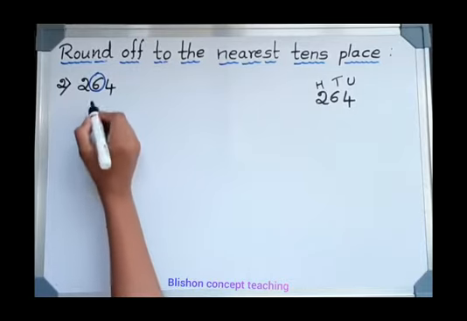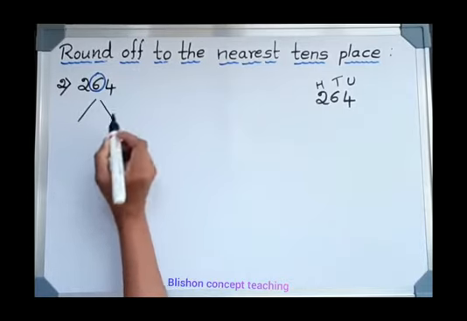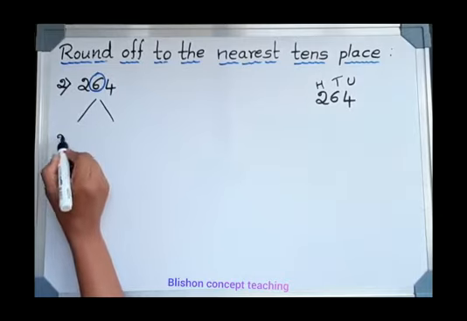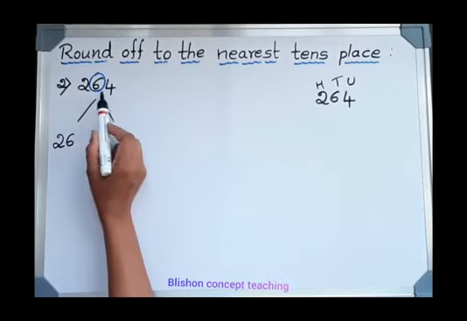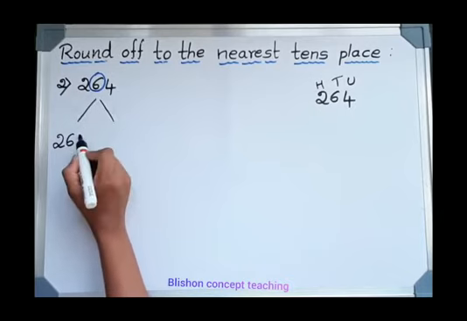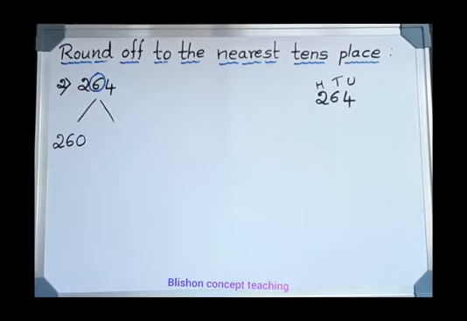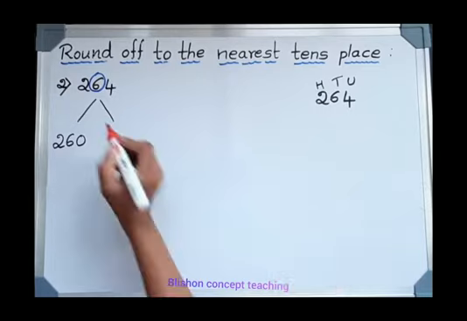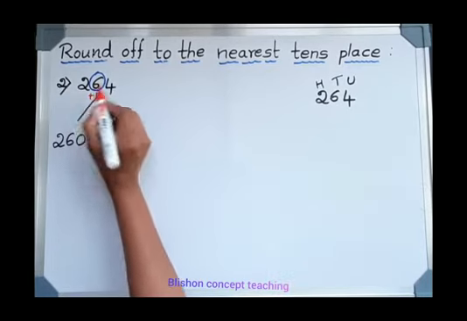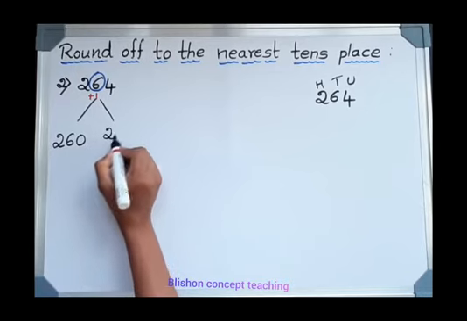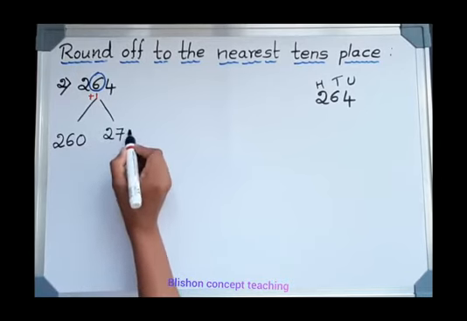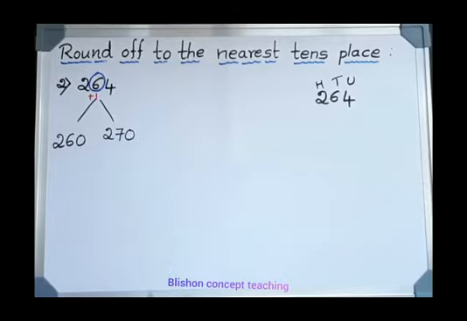Now, I will write this 2 as it is, 6 as it is. After 6, there is only one digit. I will write it as 0. And the next step is, we have to add plus 1 in the tens place. 2, 6 plus 1 is 7. And the next digit I will write 0.